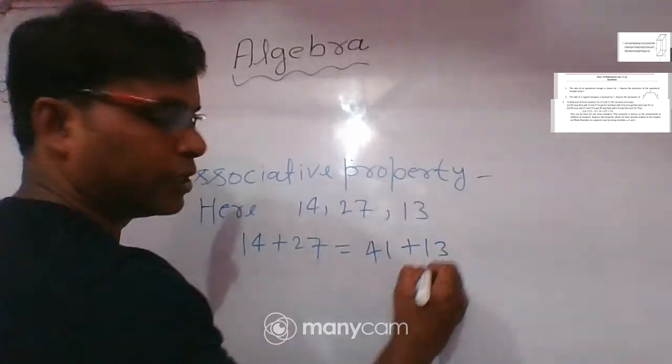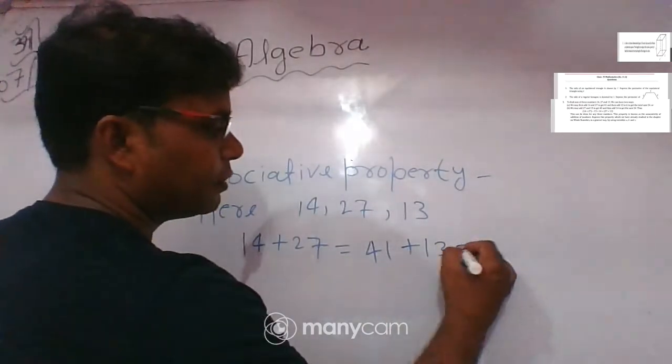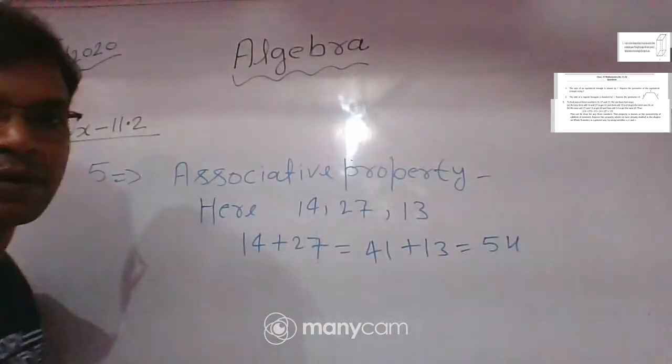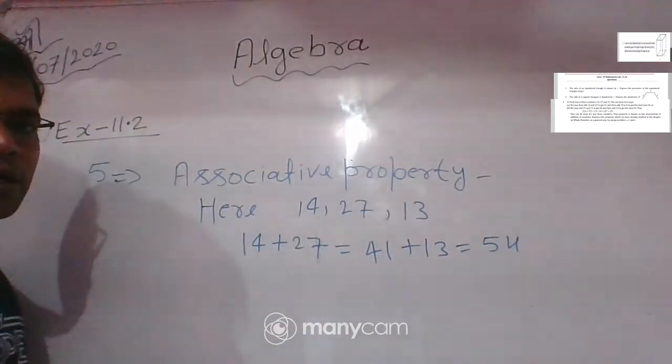41 plus 13 is equal to 54. So we obtain 54. Clear?